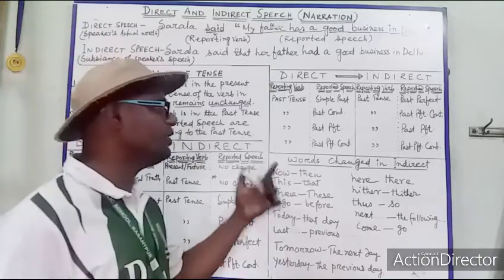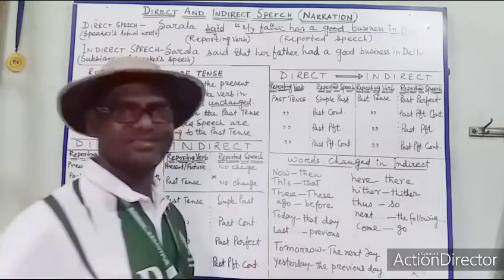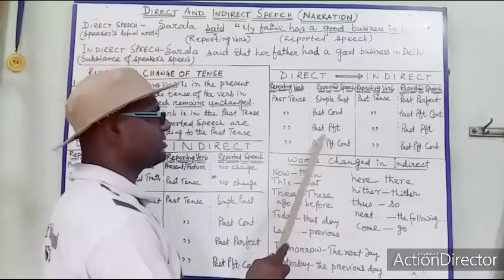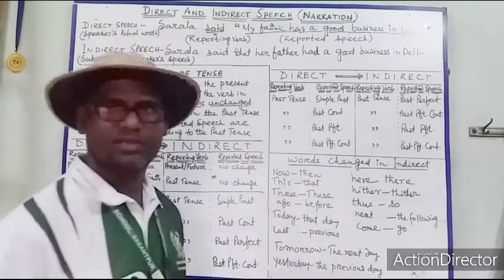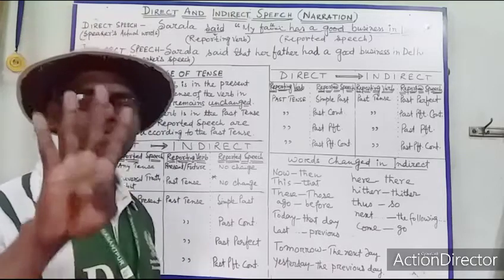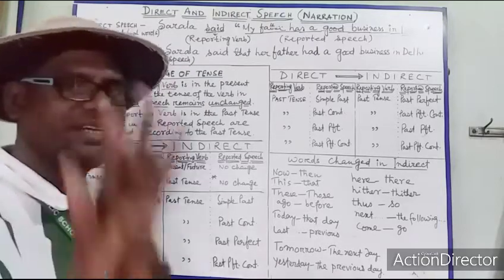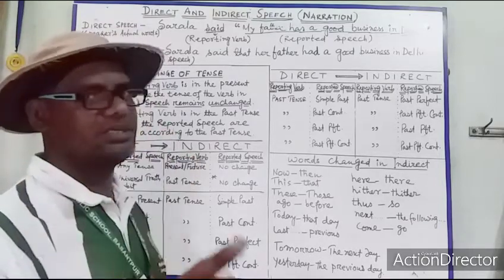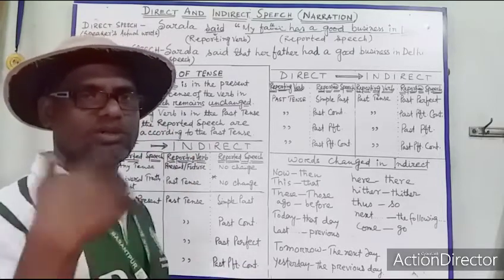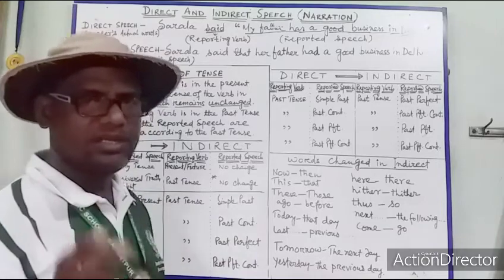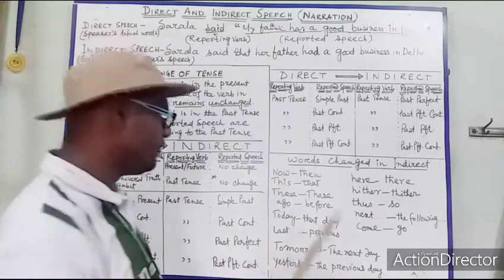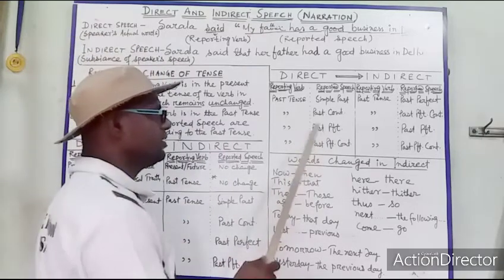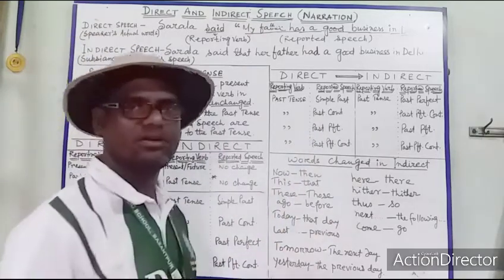So there will be no alternate tense found. We will find no alternate past tense after past perfect, because there are 4 divisions of every tense: past, present, future. First one is simple, next one continuous, next one perfect, next one perfect continuous.